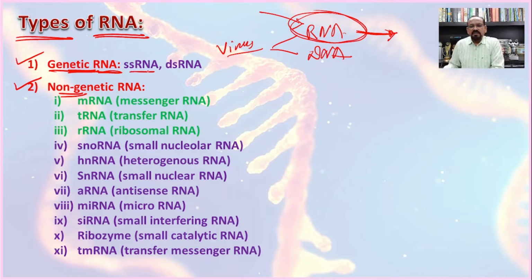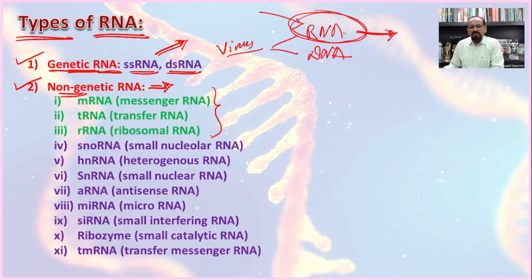This genetic RNA is found in the form of either a single-stranded or a double-stranded structure, and on that basis there are again different types of viruses: single-stranded RNA viruses and double-stranded RNA viruses. While in other organisms except viruses, RNA is present and it is non-genetic RNA.